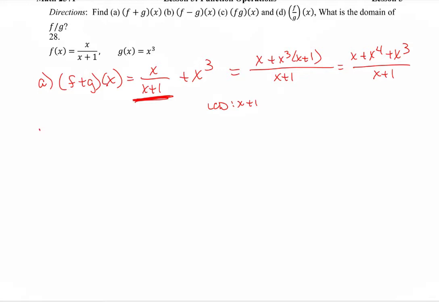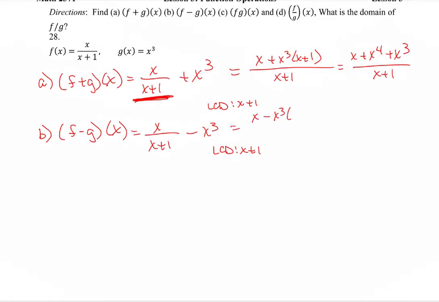All right. For part B, we have f minus g of x, which is x over x plus 1 minus x cubed. Again, our LCD is x plus 1, so we have x minus x cubed times x plus 1 all over x plus 1.